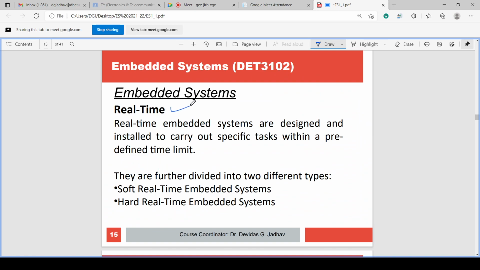So what is there in the real-time embedded system? Real-time embedded systems are designed and installed to carry out specific tasks within a predefined time limit. Just imagine, what do you mean by that? A real-time embedded system has to work in real time.